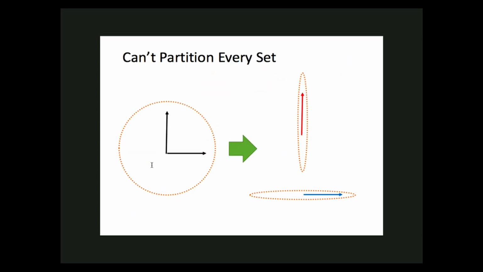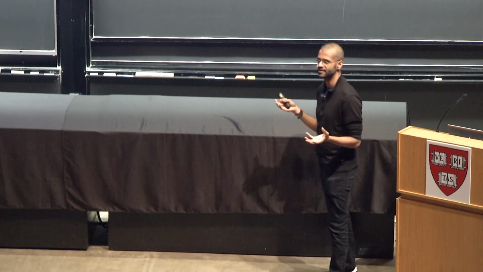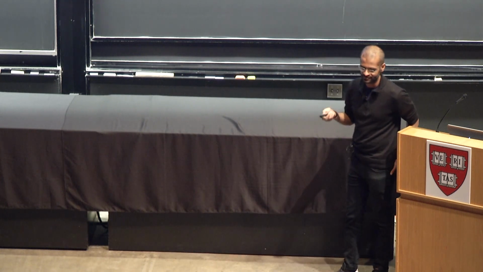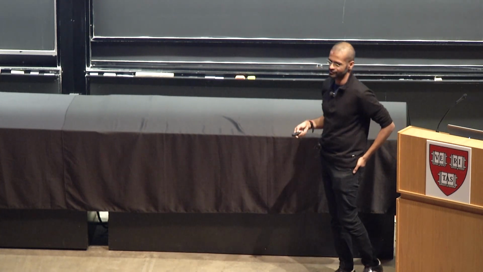Okay, so you can't always do this. Here's the canonical example of when you can't. You just take a standard basis. There's no way to partition it into two bases at all. So certainly you can't partition into two half isotropic sets. But it's not just that you don't have enough vectors.